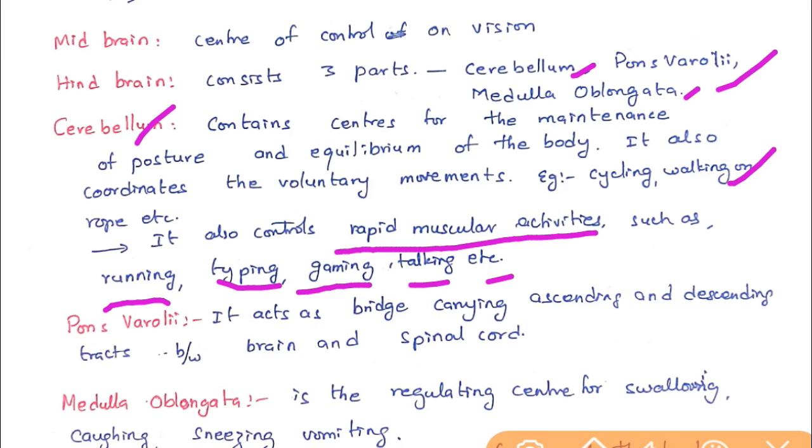No, you will run automatically. How does this work? Even when you are typing on the keyboard, your muscular activities are already trained to type very quickly, and all these muscular voluntary movements are controlled by the cerebellum, friends.